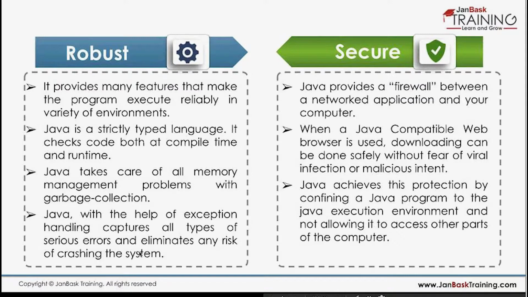Another part of Java is that all the network connections that a program makes go through a Java execution firewall, which means that by default every program is configured to not be allowed to open a connection from your machine.